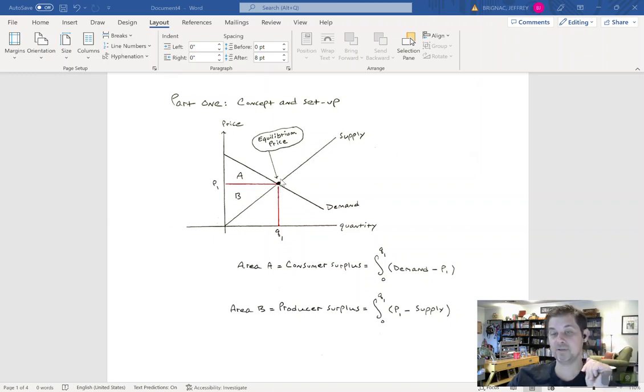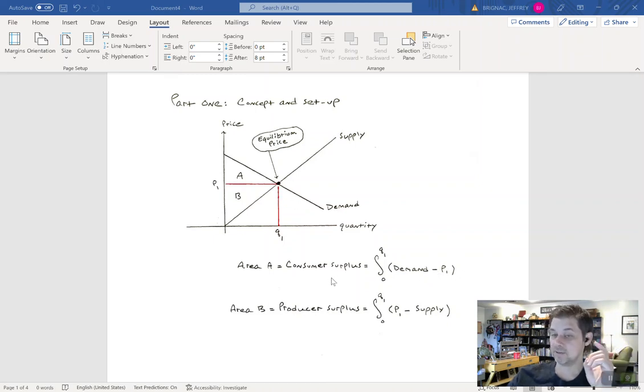That'll be for another video, but they do intersect somewhere, and that's called the equilibrium price. The region below the demand curve but above the equilibrium price is called the consumer surplus. The total area, the physical size of that space on the graph, is the consumer surplus, and we can calculate that by a definite integral.